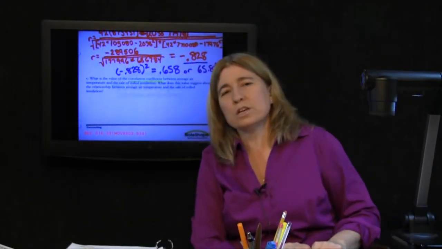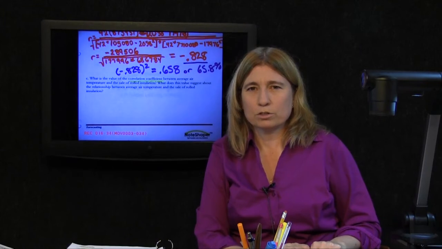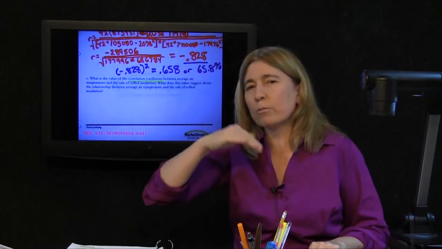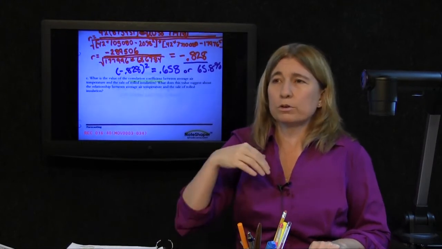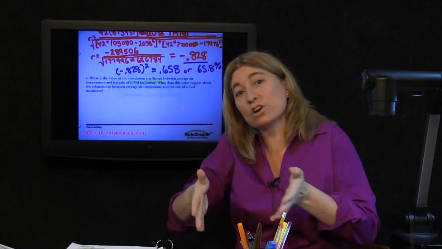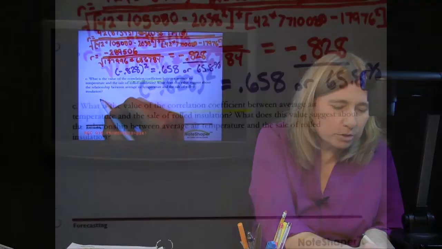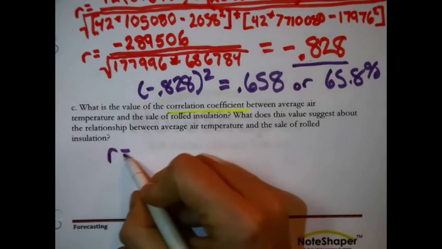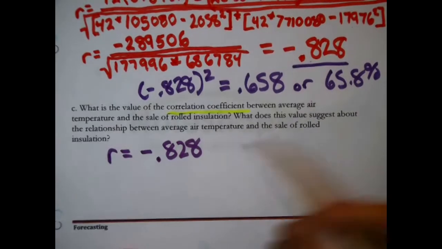The good news is we've already done the work to answer that question. Because in the second part, we were working on the coefficient of determination, R squared. So in order to calculate that, we calculated R, and that is the correlation coefficient. That's what the third part's asking for. So now this is easy. We say, well, it's a negative 0.828. That answers the first query.